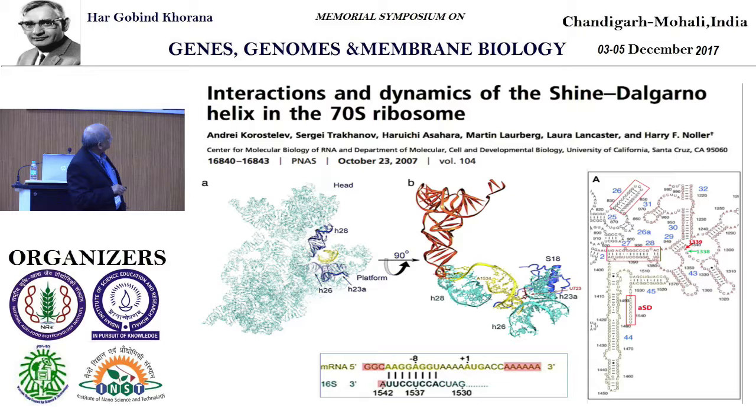The anti-Shine-Dalgarno sequence is somewhere right there. When you make a pairing with the messenger RNA, these two helices sort of go away. Depending on the extent and placing of the base pairing, one would imagine that this displacement would be different.